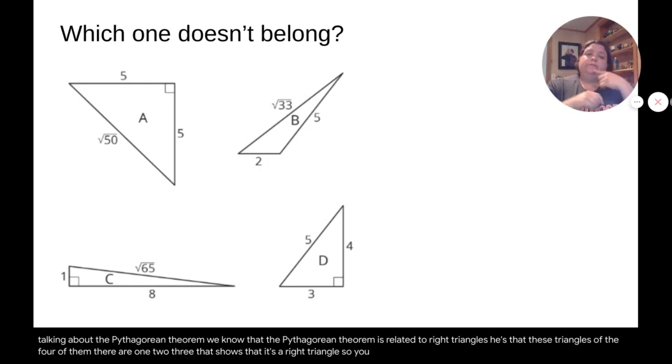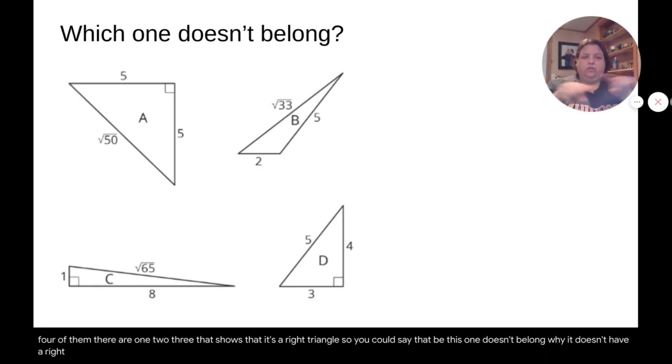So you could say that B, this one, doesn't belong. Why? It doesn't have a right angle. Okay, so that was one possible explanation.